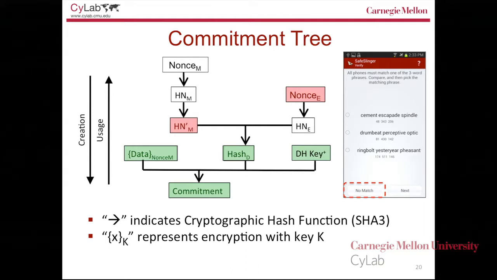I can, of course, say that I didn't find the match out of band. That could be because of some network interference, either intended or not intended by an attacker. To do that, I share two values: the hash on the left, and then my error nonce.